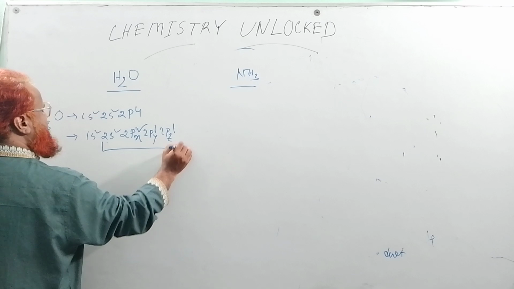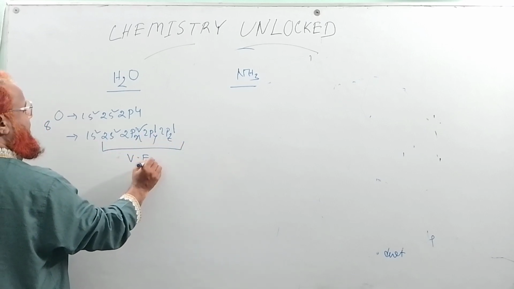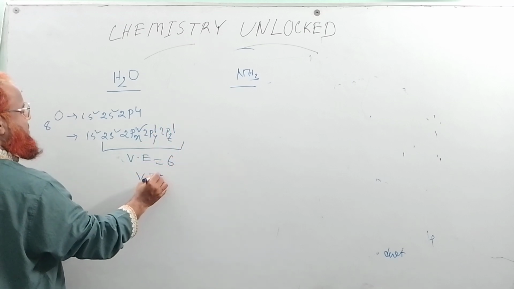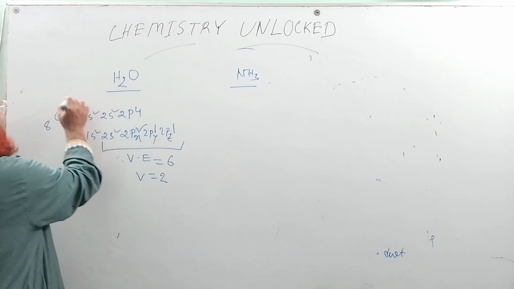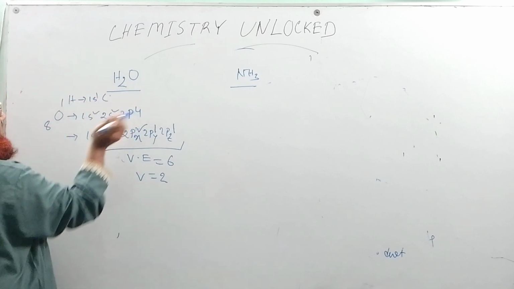This is the valence shell. So valence electrons are 2, 4, 5, 6. The number of unpaired electrons is 2, so valency is 2. And you know that the electronic configuration of hydrogen is 1s1, so its valency and valence electron both are 1.